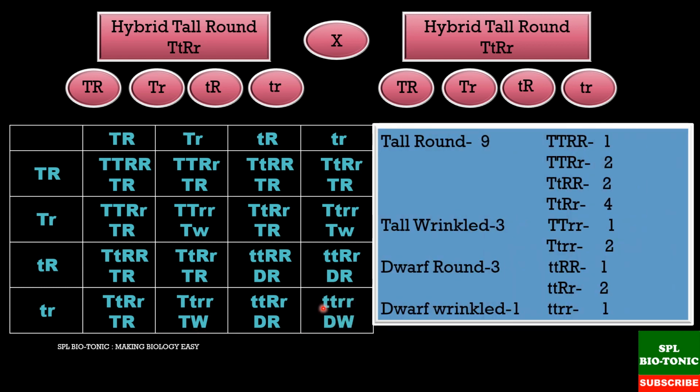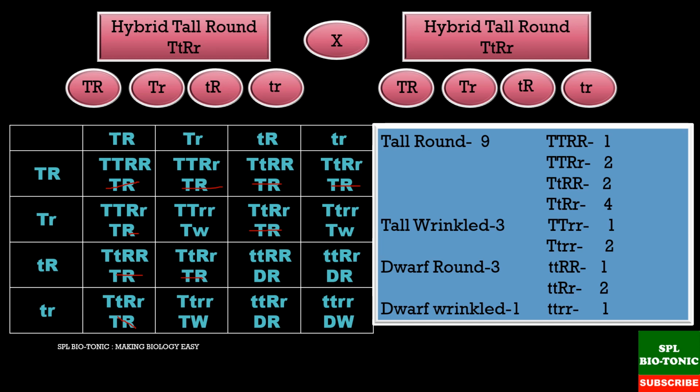Now we'll see how that results in the phenotypic ratio and genotypic ratio. The first phenotype is tall round. Once we get this checkerboard ready, we can calculate easily how many tall round plants there are. This is one tall round, second, third, fourth, fifth, sixth, 7, 8, and the last one, that is 9.